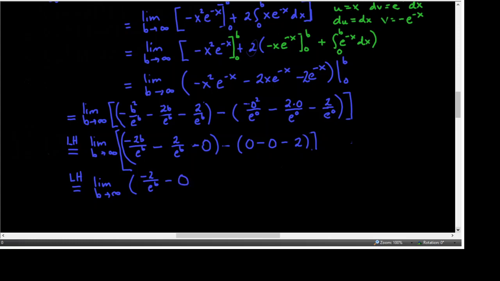And I have a bunch of minus zeros, so I'll just use 1. But be very careful. You then have to remember that that last thing is a positive 2 when you distribute the negative through. Okay, so the limit of the first item, negative 2 over an infinitely large thing, is going to head towards 0. Minus 0 plus 2 is 2. And so that's the value of that improper integral.